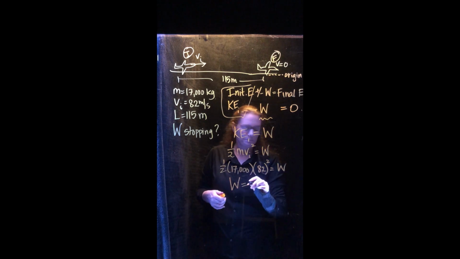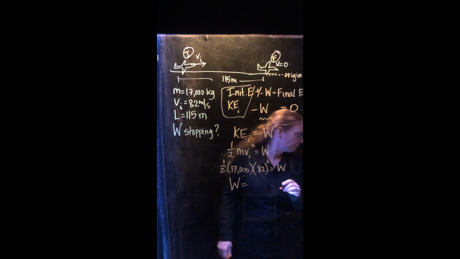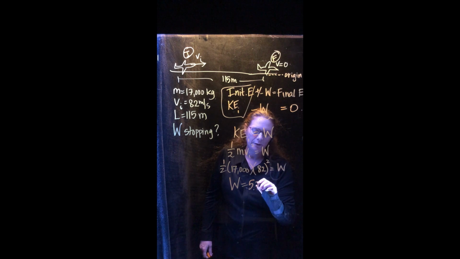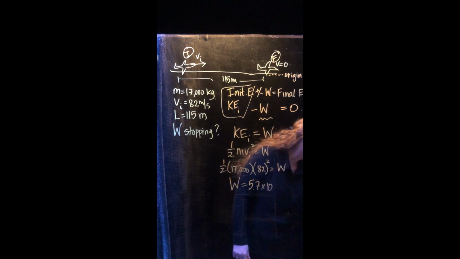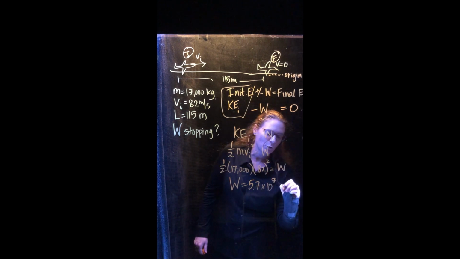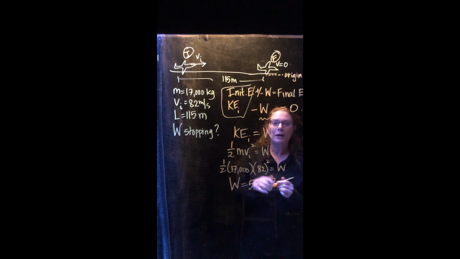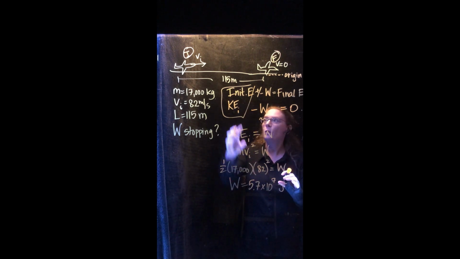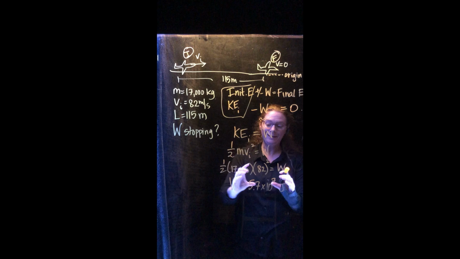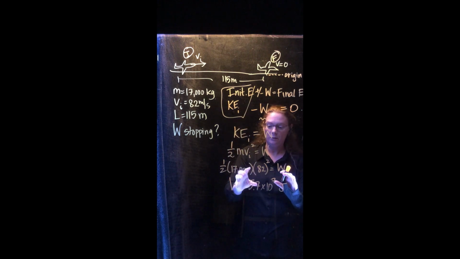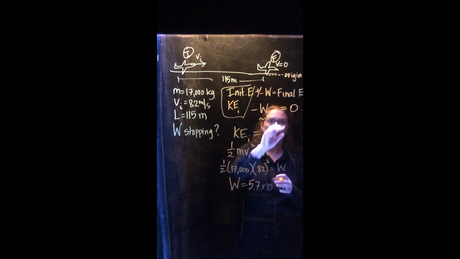If you do the math, you get a very, very large number: 5.7 times 10 to the 7 joules. Holy smokes. That's how much kinetic energy the plane had when it was here. We had to pull away all that energy to bring it to a stop. We took away all its energy.